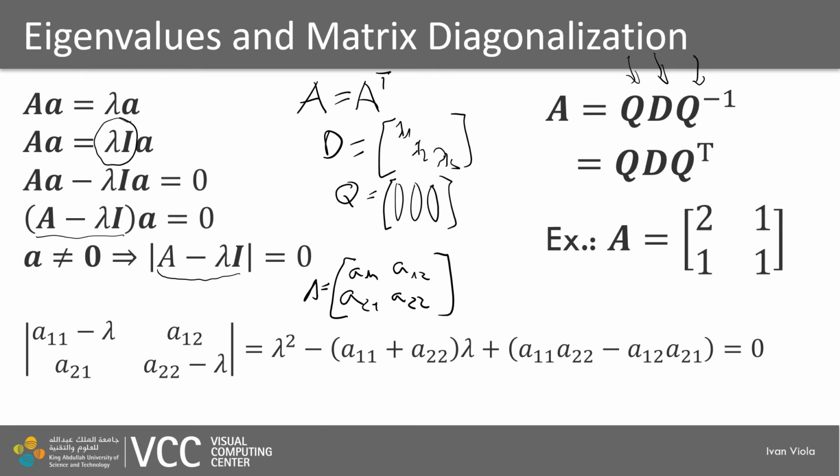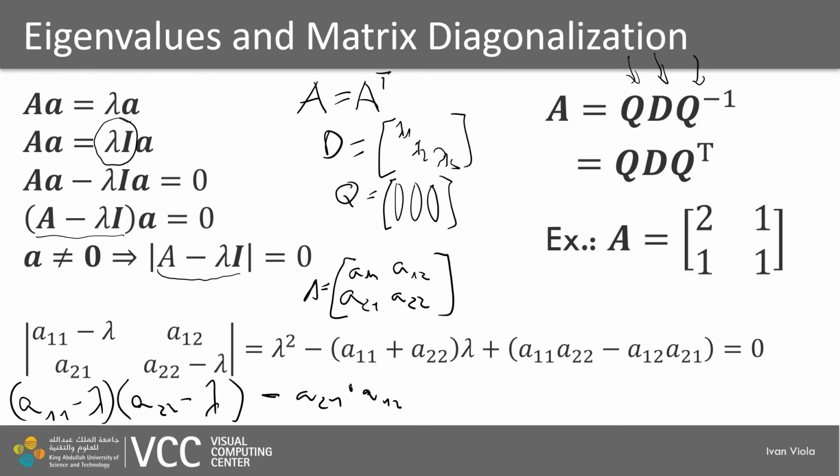Then the determinant is calculated as A11 minus lambda times A22 minus lambda, minus A21 times A12.